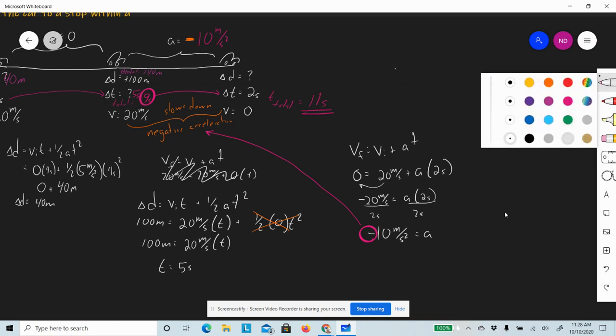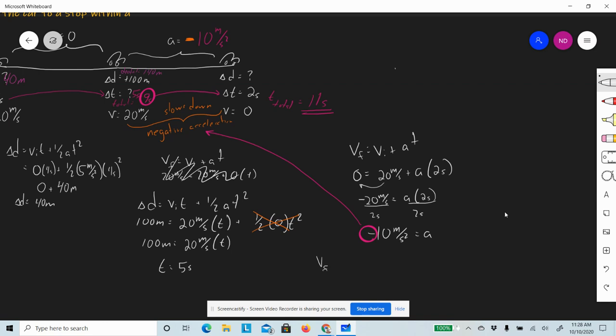Now we can use pretty much either distance equation. We have two equations with distance in them. Vf squared equals Vi squared plus 2AD. Vf squared is 0. Vi squared is 20 meters per second, squared.